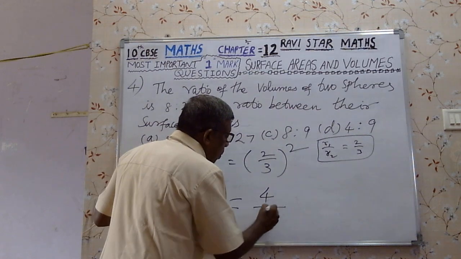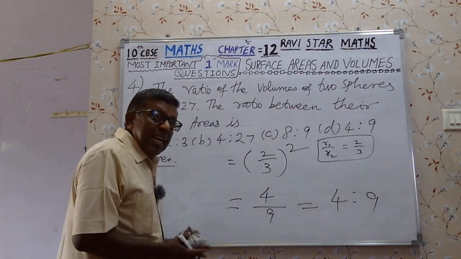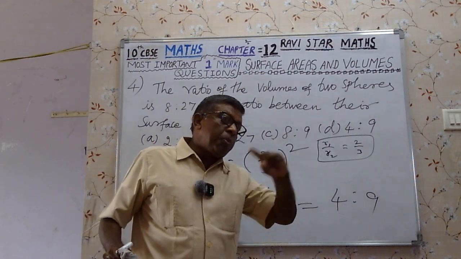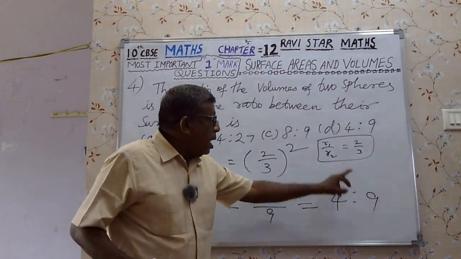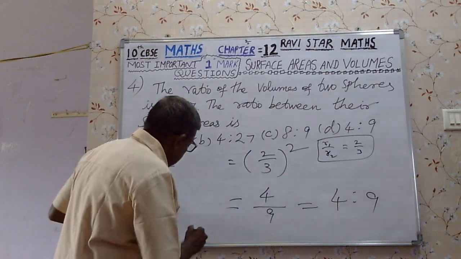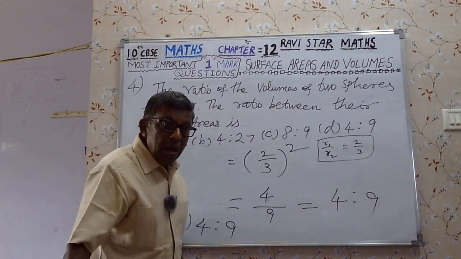That is 4 by 9, which is 4:9. So the surface area ratio of the two spheres is 4:9. The option is D, 4:9. Problem completed.